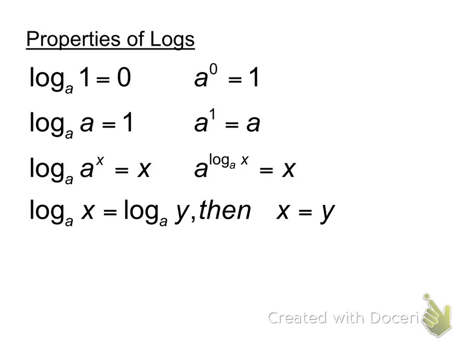And then log base a of x equals log base a of y is the same as x equals y. When a log equals a log and the bases are the same, you can drop the logs and solve the equation. So these properties should come pretty naturally in a second when I show you how to go back and forth between logs and exponential functions.